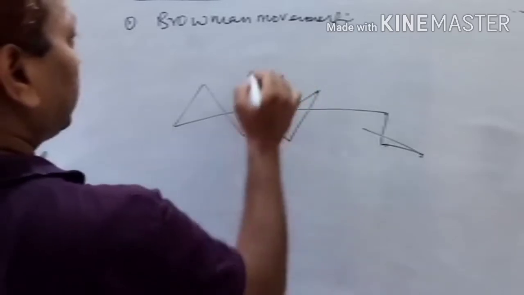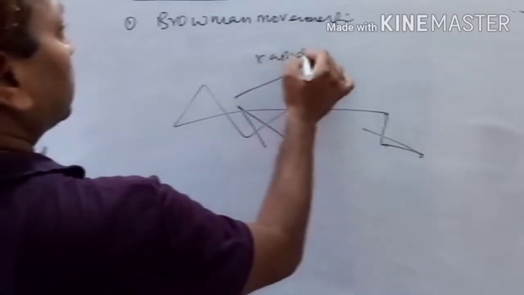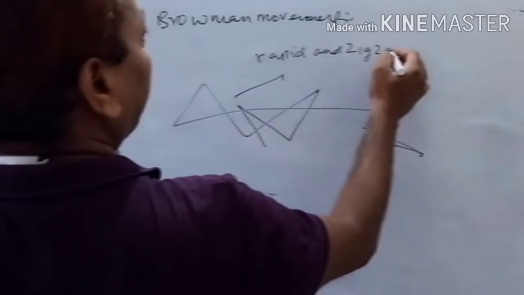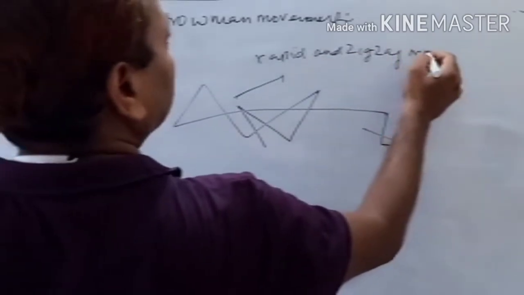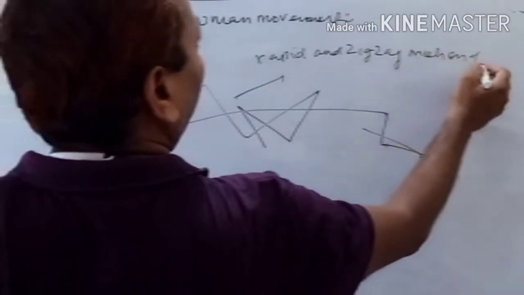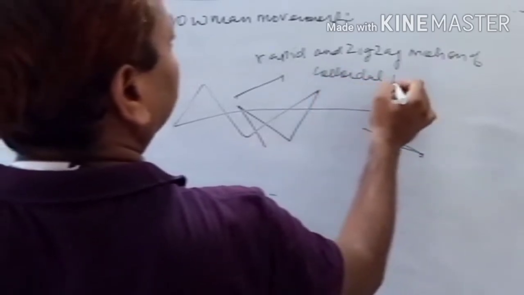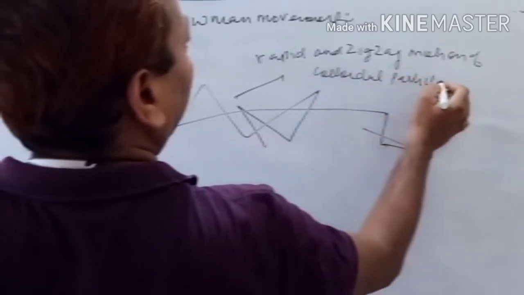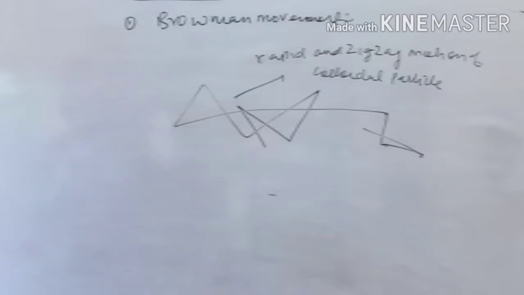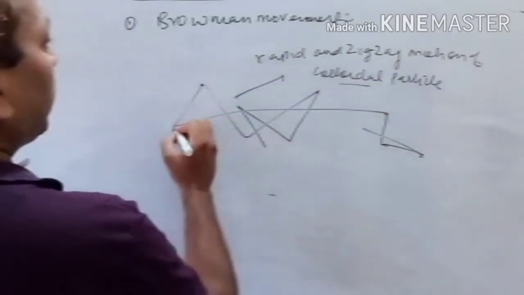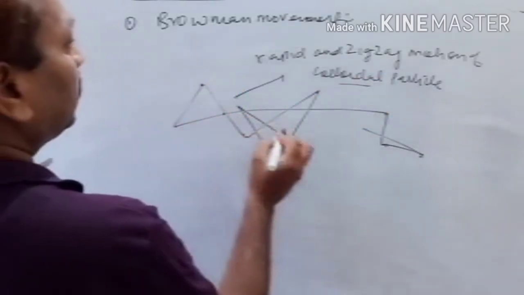And we would say the rapid and zigzag motion of colloidal particles. So this view shows the colloidal particles, children. This motion is known as Brownian movement.